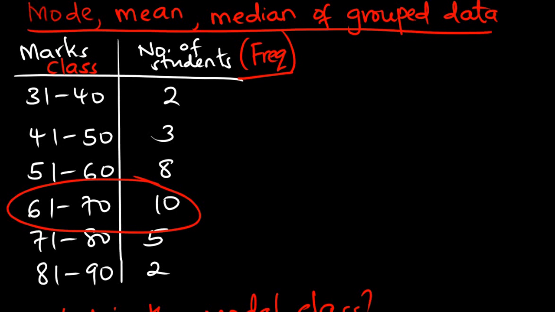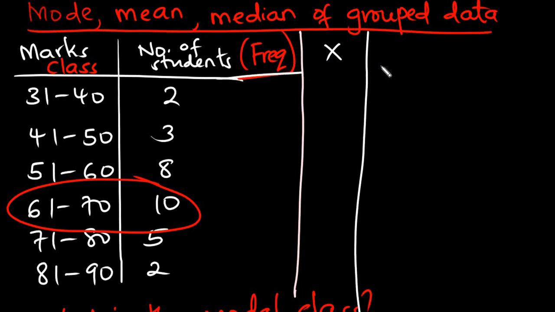Let me create another column. We use an approximate value, and that value is at the center of the class. I'm going to call that mark X, the midpoint. So we use the mark at the center of each class.